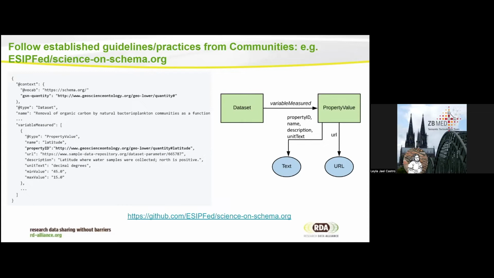So when you present the data set, maybe not everybody all around the world uses this variable measured. However, if your community is saying, look, it is very important for us to always expose this variable measured, so we really recommend you to use it. And maybe they even offer a validator that will look into this particular detail, well, you better use it. So you are complying with the standards of your community. Next slide.